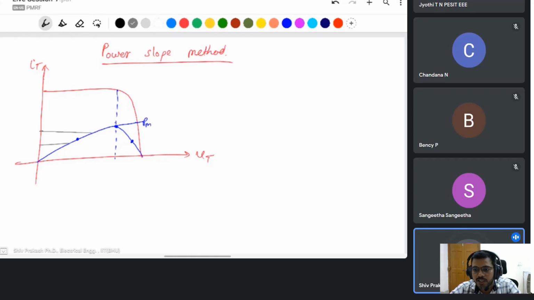If there are losses, then you should add the losses also. If input power is given, you can calculate the output power by subtracting the losses. If there are no losses, the input power is the same as the output power, and then you can calculate Ro by V square over Ro.